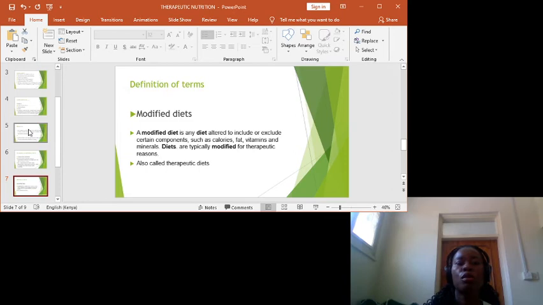So modified diets can also be called therapeutic diets.